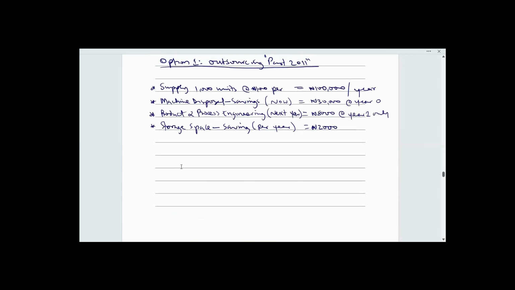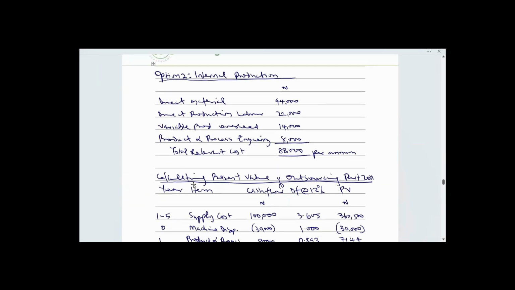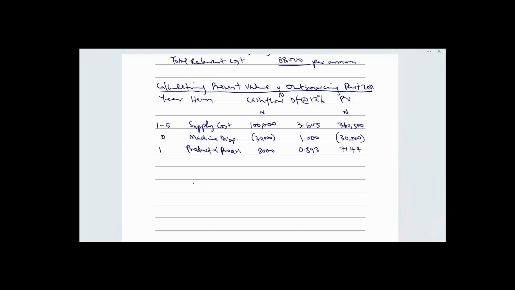Then the last one under outsourcing is storage space. There's a saving on storage space per year, which is 2,000 naira per year, for years 1 to 5. Because it's a saving, you have to put it in bracket to reduce your cost.